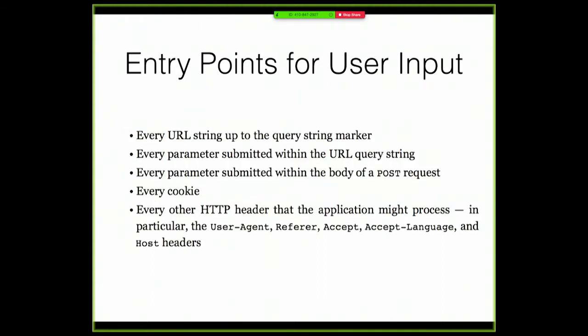So here's the list: every URL up to the query string marker, the parameters, the cookies, and all the headers. The user agent, the referrer, the accept, all these things could have a variety of vulnerabilities. There was a fun one in the, I think it was D-Link routers about 3 years ago. All you had to do was give it a user agent that was "backdoor" spelled backwards with a few numbers, and if you had a web request to the administration page with that user agent, you became the root user permanently.